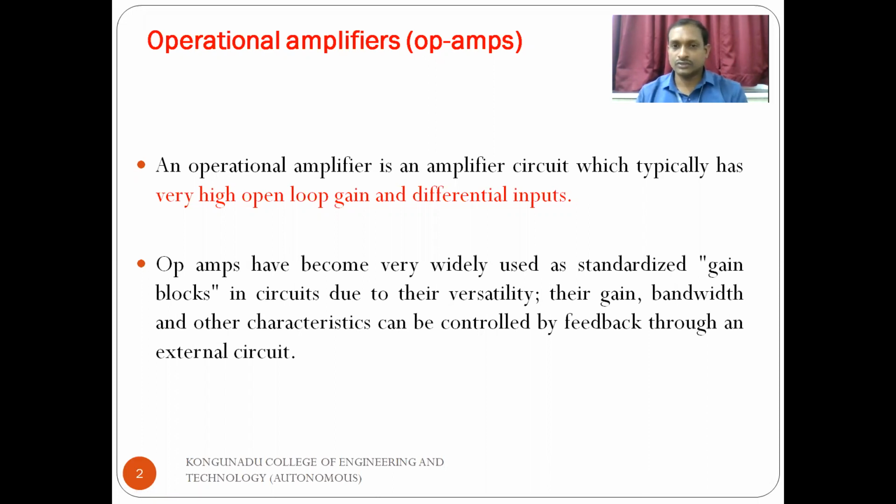They are used in a variety of applications due to their versatility. The gain, bandwidth, and other characteristics can be controlled by the feedback from external circuits. So this is called the gain block. It is used to amplify the power levels of the input signal.